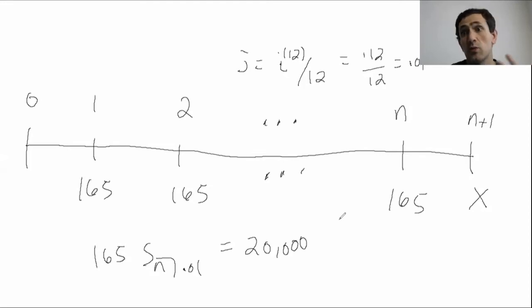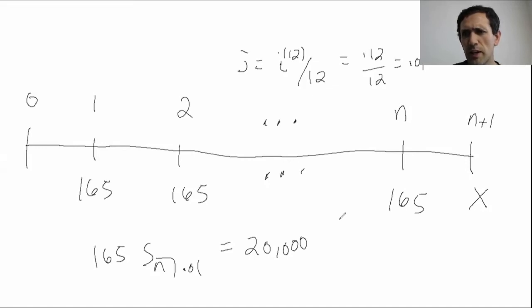But I'm doing this just to remind you that one of them has to be negative. Okay. So compute n. So I'm not sure what I did to make it unhappy, but let's do this one more time. So 165 payment, 1% interest.